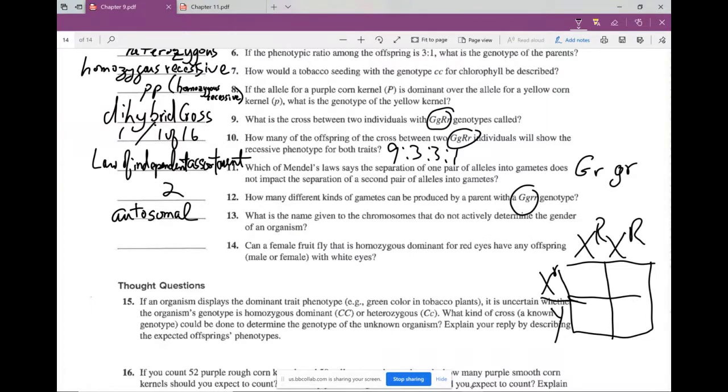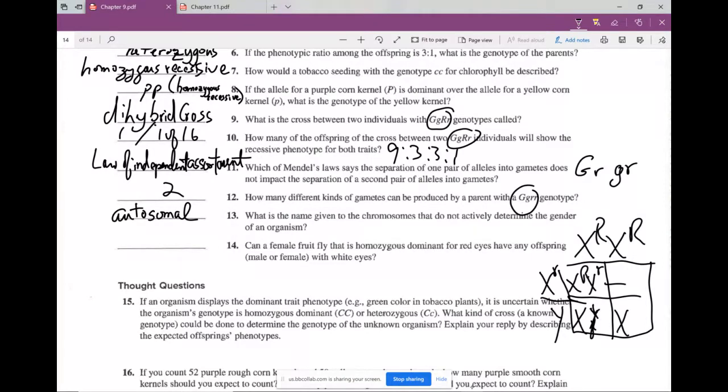Let's give him the best chance possible. But in any case, the phenotypic expression is going to be the dominant. I apologize, dominant.